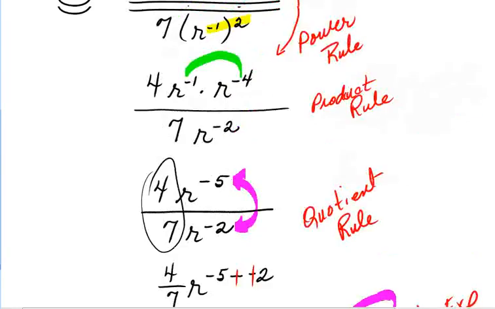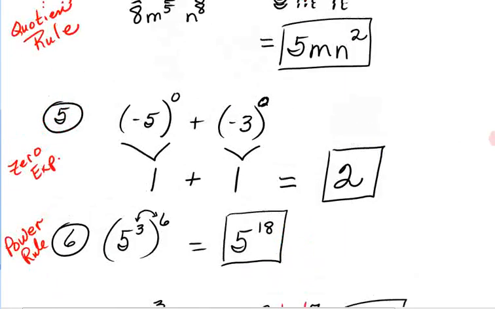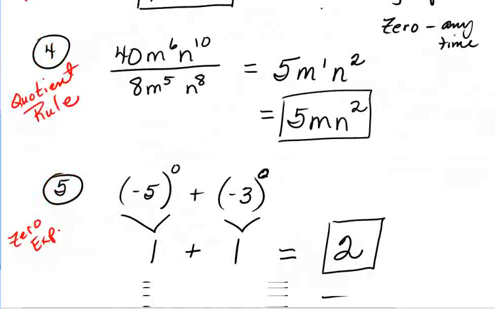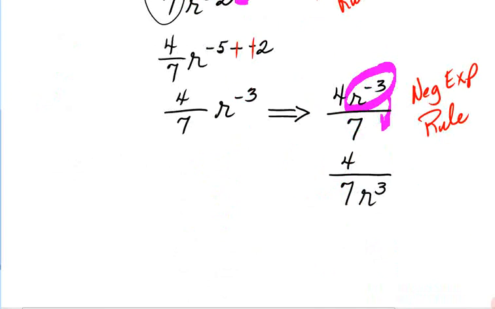Okay, are we sort of okay on the properties? Here's the list of properties. You need to be able to identify which one you need to use. You notice the questions don't say, use the product rule, use the so-and-so rule. Okay, we'll go ahead and go on.